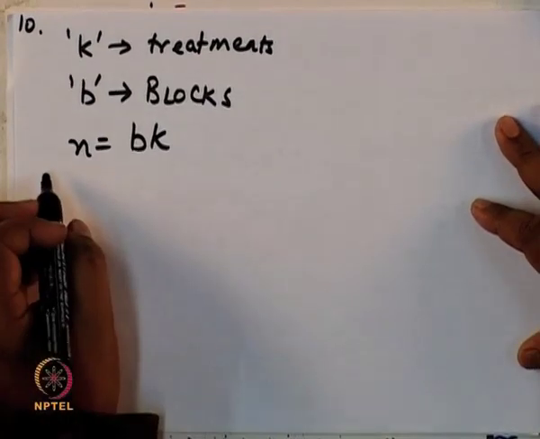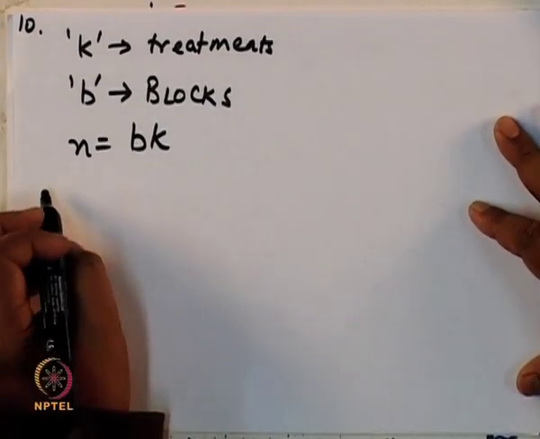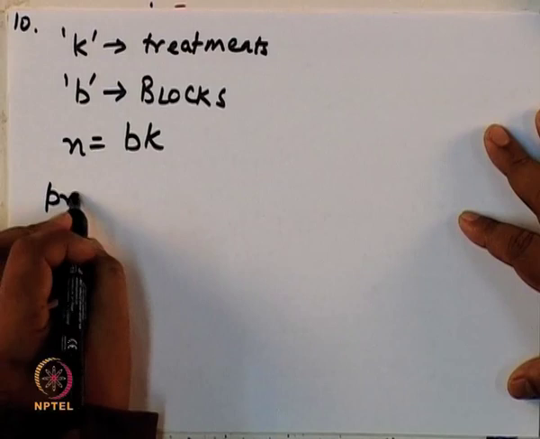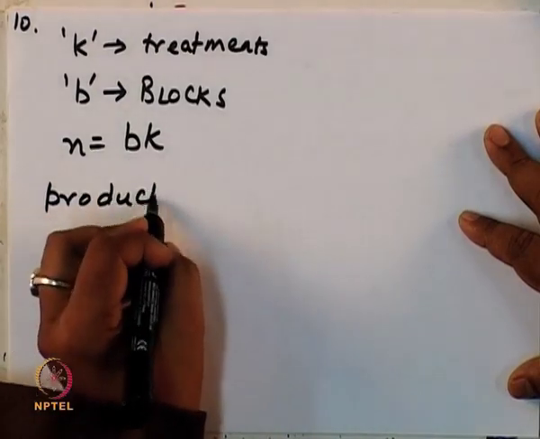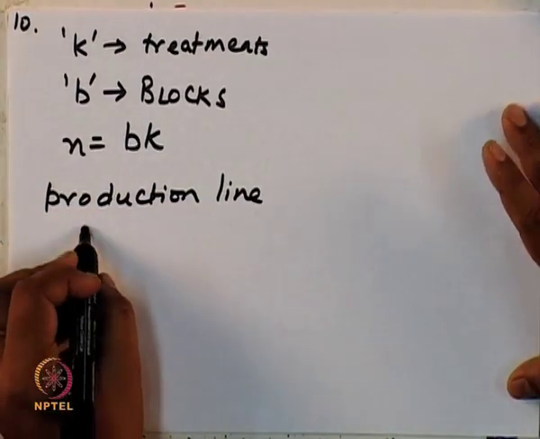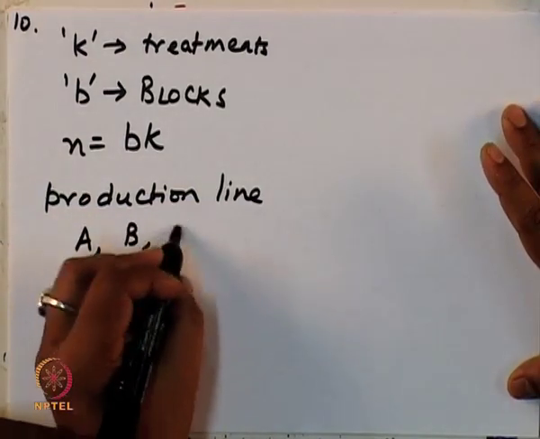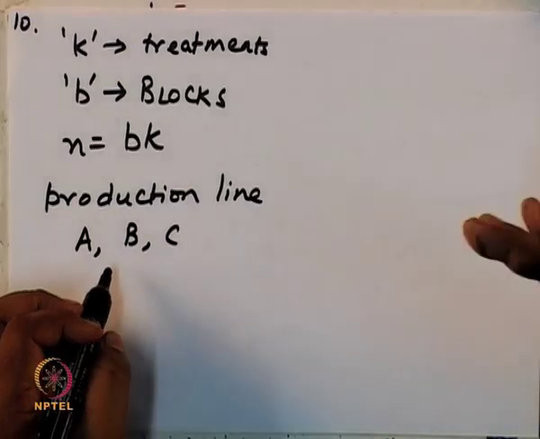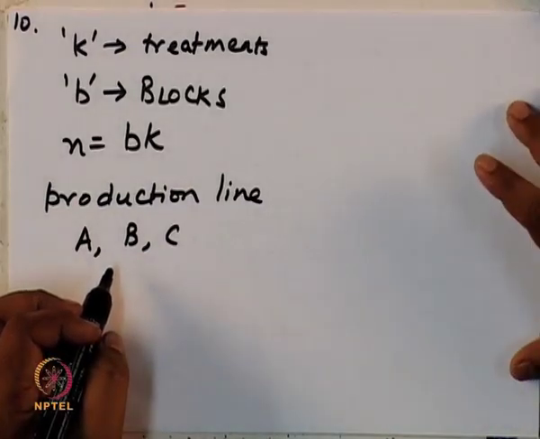Take an example. Imagine in a production line, the engineer is trying to compare between 3 methods for assembling a given product.